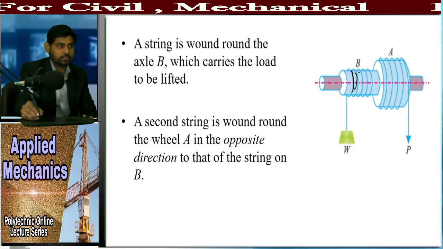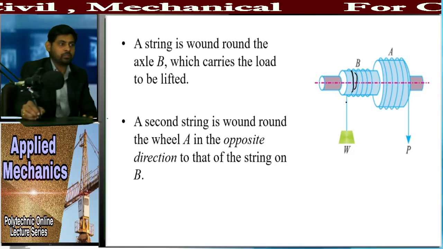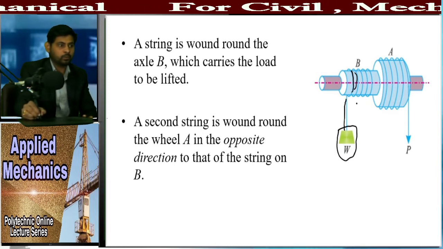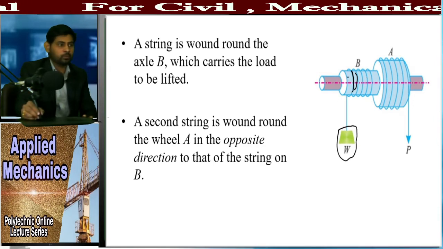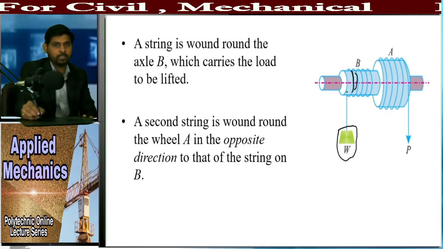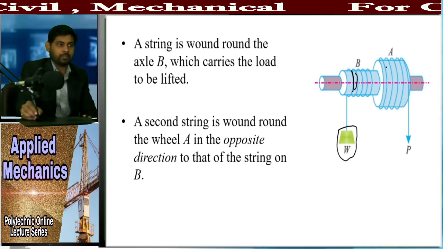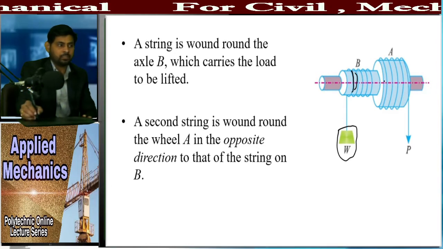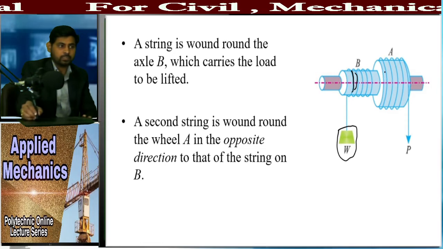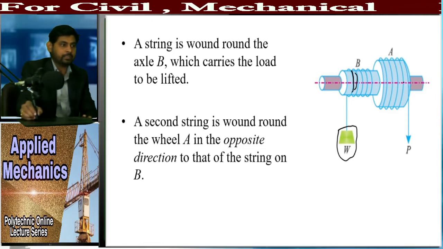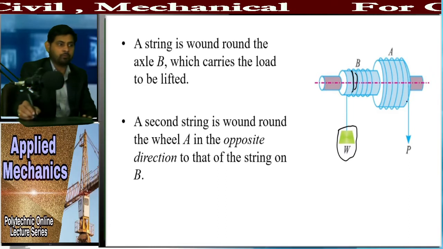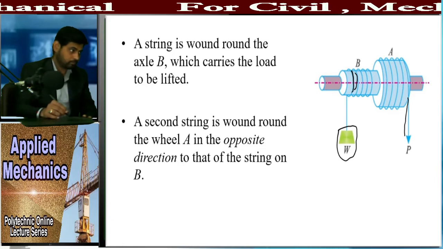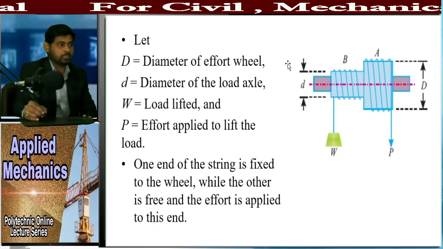So these strings are wound on the axle B, which carries the load W. Whichever string is on axle B carries the load W, and the second string you can see here is on wheel A, in the opposite direction to that of the string on B. So these strings are in opposite directions, and this string on A carries our effort, whatever effort is required.